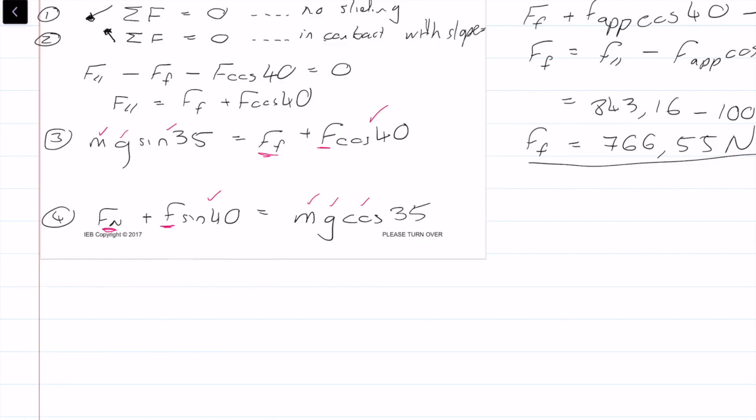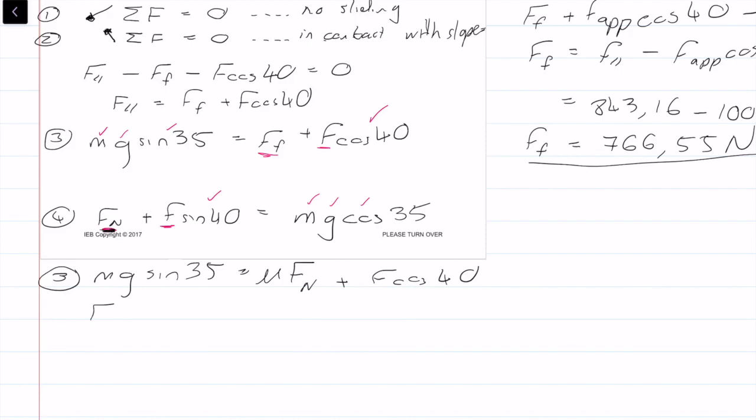Okay, let's try to rearrange equation 3. So we have mg sine 35 is equal to our force friction, which is mu times the force normal, plus F cos of 40. Cool stuff. Now we can get force normal.